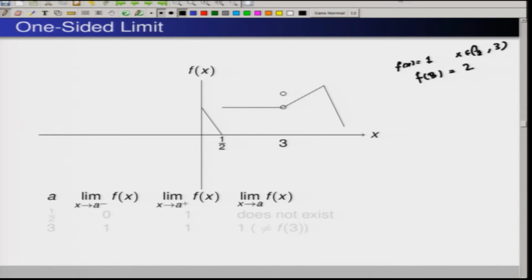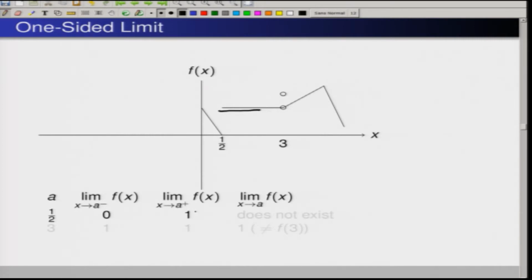Now look at the points. If we look at a equal to half, then when I am traveling from the left, we are approaching 0, and when I am traveling from the right, all these values are constant 1. So, this is 1.